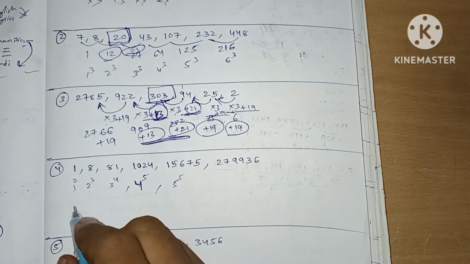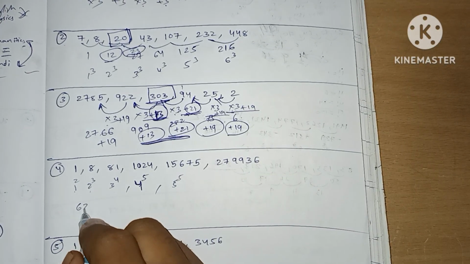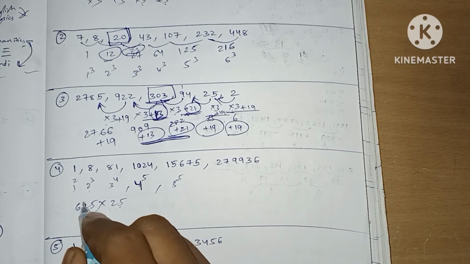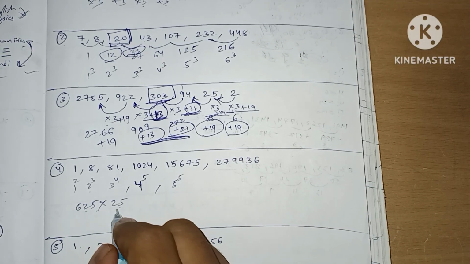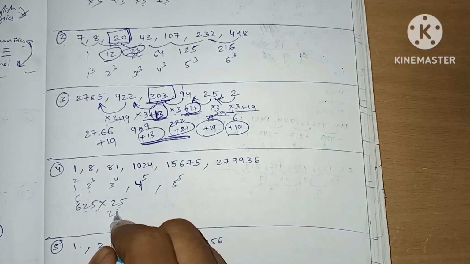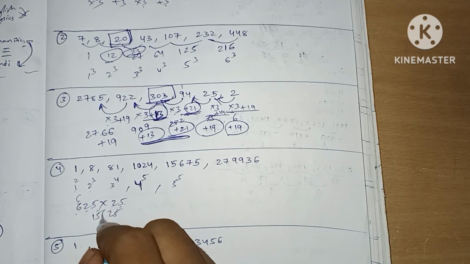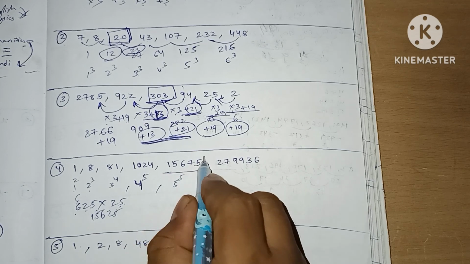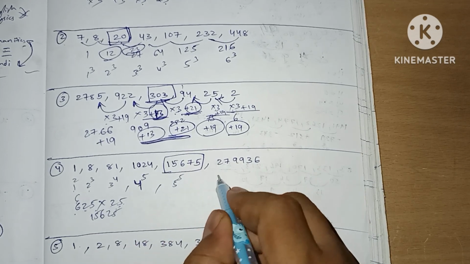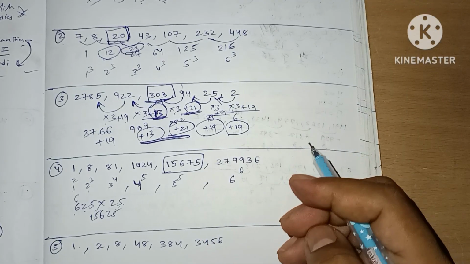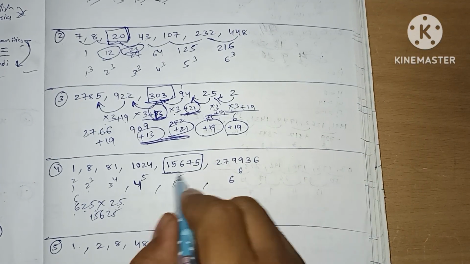Let's see 5 power 5. I know 5 cube is 625, and 5 into 5 will be 25. 25 5 times will be 625. 625 25 6 times will be 156, but we get a 1675. So this is our wrong number. Here this will be 6 power 6. Okay, so this is our wrong number.